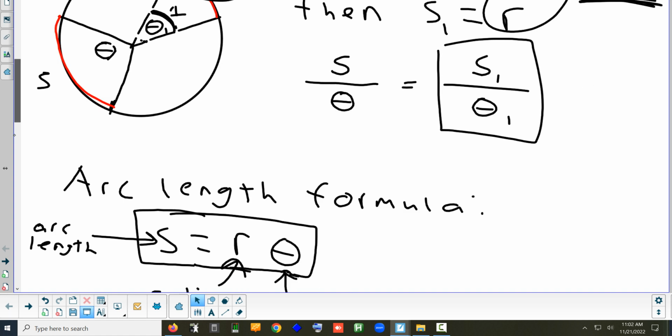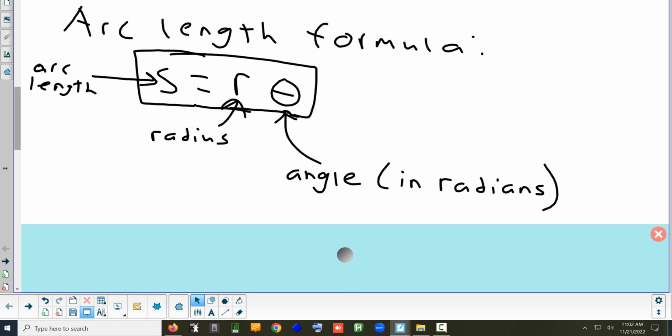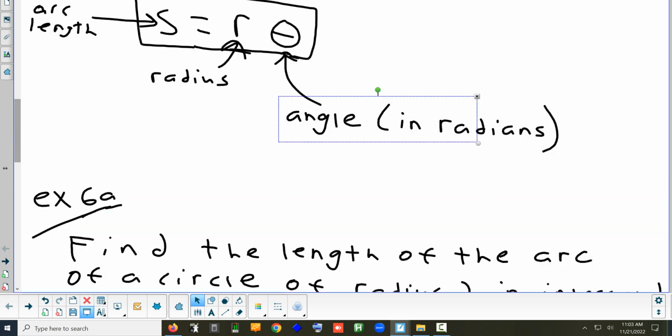So that means this entire formula is based off using radians. So if we have an angle that they give us that's not in radians, the first step is to change it to radians. And they can really ask 3 different kinds of problems. Find the arc length, find the radius, or find the angle. They'll give you 2 out of 3 of the variables.